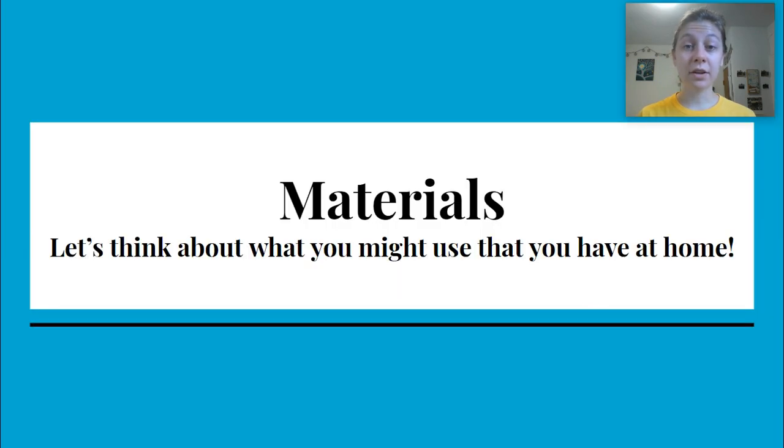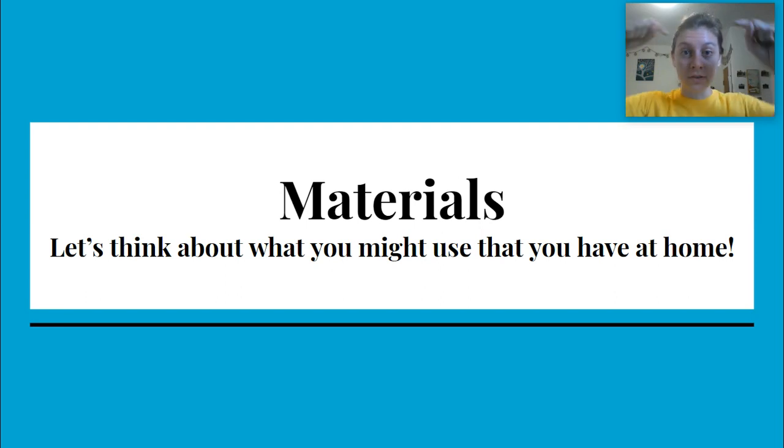Okay, so now that you've looked at some examples of different characters and different artifacts that previous students have made, now we're going to start thinking about materials and what you have at home that can help you create some of these artifacts for your character's time capsule.